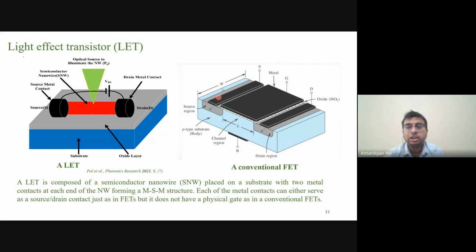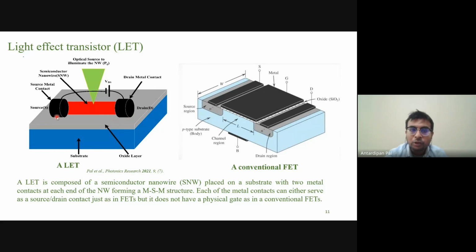Here we have an electrical signal as the control terminal. There we have an optical signal, light, that is shined on the nanowire, and based on the very well-known photoconductive mechanism, we generate electron-hole pairs. And we have the source and drain contacts.